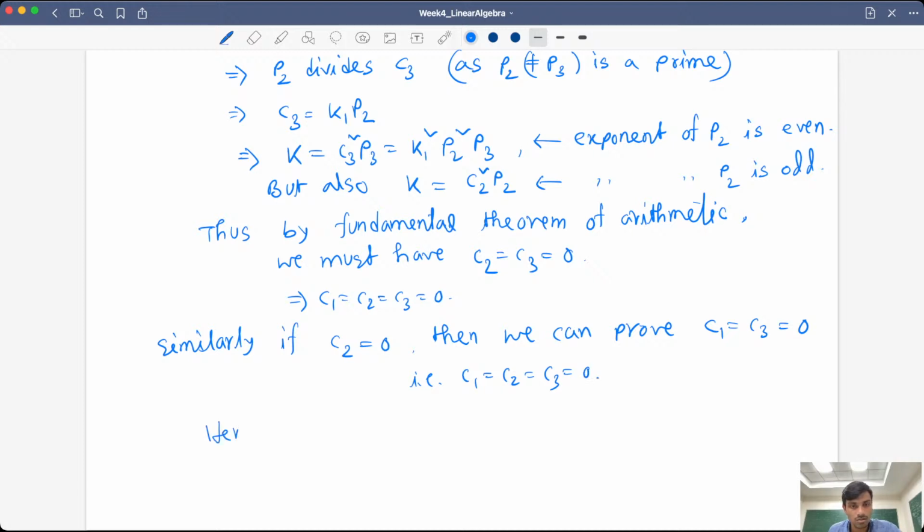Hence, in either case, C1 root P1 plus C2 root P2 plus C3 root P3 equal to 0 implies that C1 equal to C2 equal to C3 equal to 0.